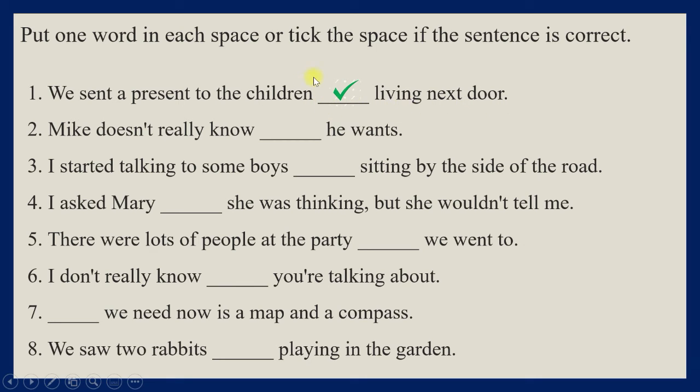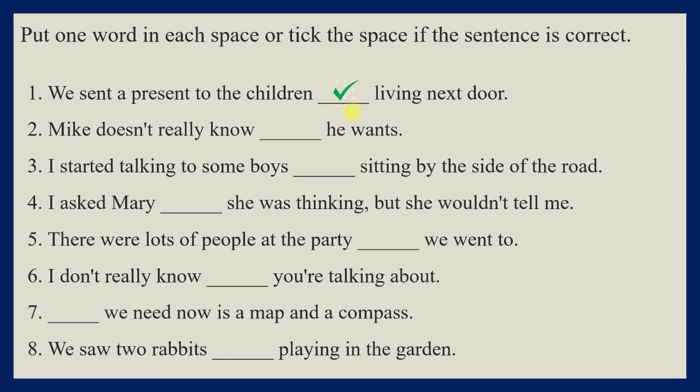Because we have who, the relative pronoun, plus are, a to be form, plus the ing form, we can remove the pronoun and the to be verb together and the sentence will still be correct. We call this a reduced relative clause, as we have discussed during the lesson.